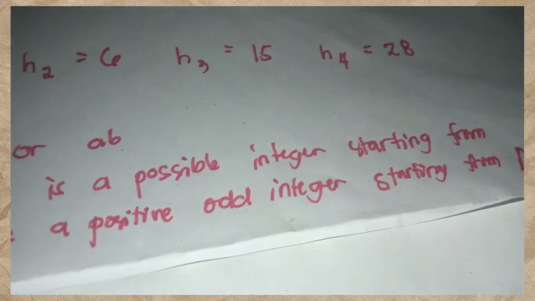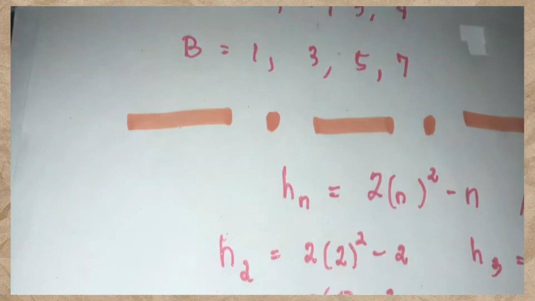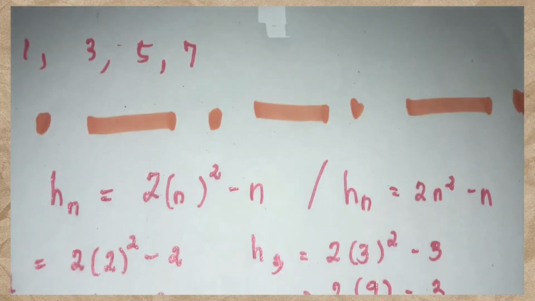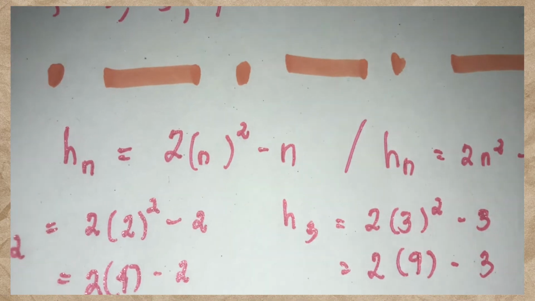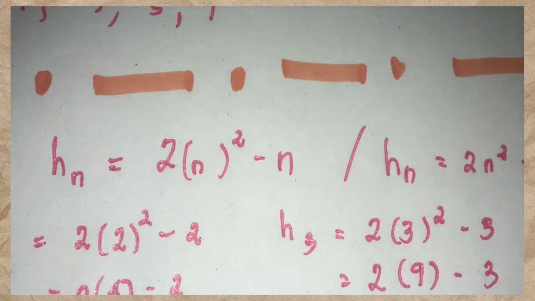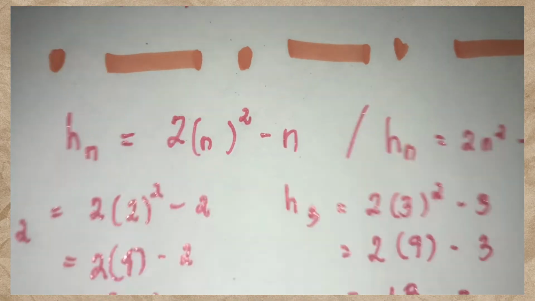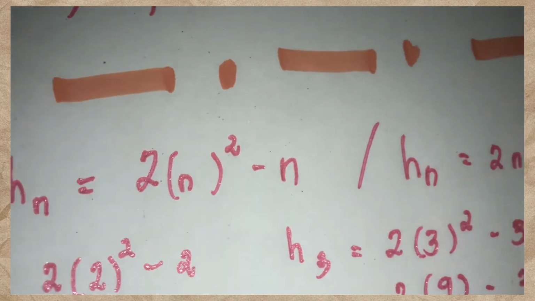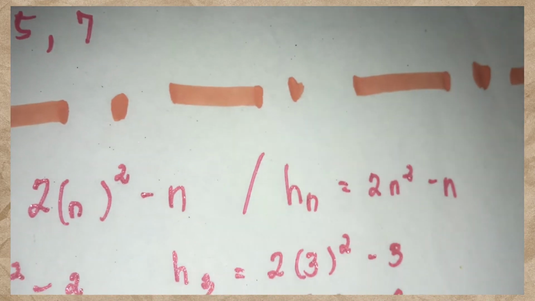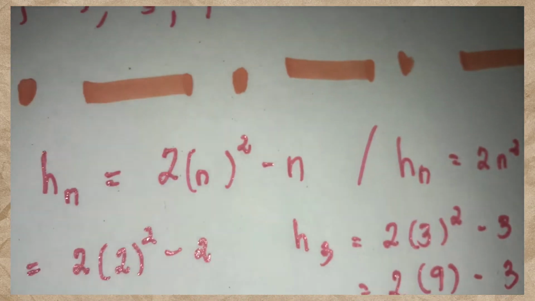So also, I used another formula. Aside from this, I used another formula, which is this: H_n, or the number of dots in hexagon n, is equal to 2 times n squared minus n, the number of the hexagon. Or also written like this.